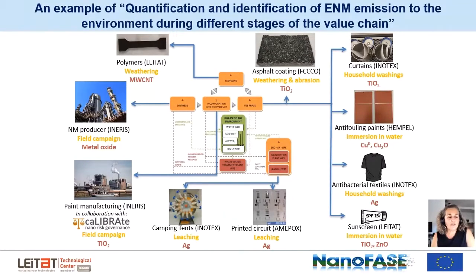And here are some examples of quantifications and identification of these engineered nanomaterials emissions during the different life cycle stages. And these are examples of emissions that could end up in the environment, so at the different life cycle stages. And these examples have been run during different projects, Calibrate and Nanophase, and the release rates have been determined.